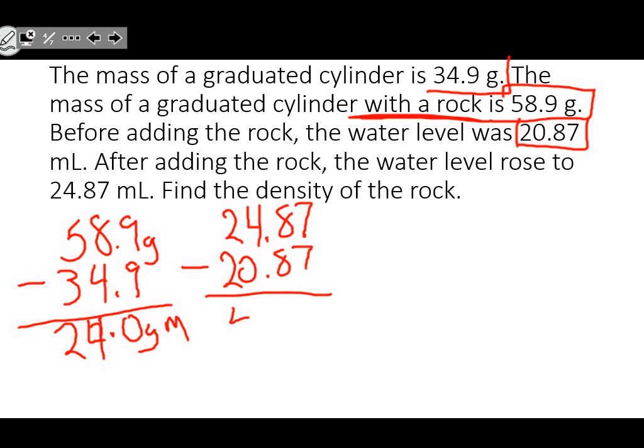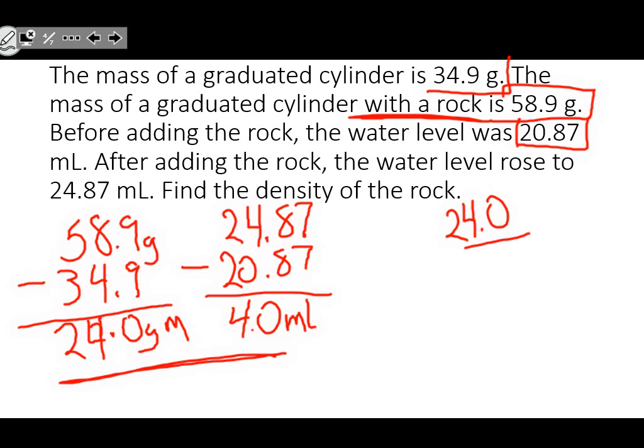Like how I made this easy for myself. All right, so here are two numbers that we're going to need. Mass, once again, divided by volume. 24 divided by 4.